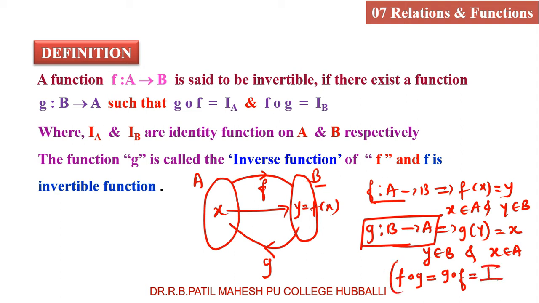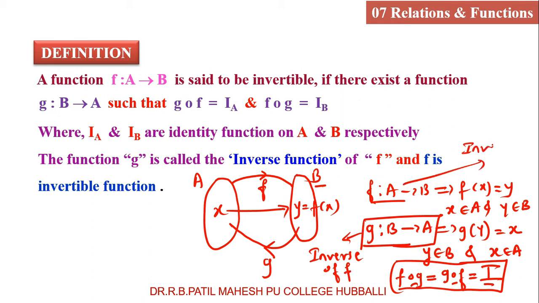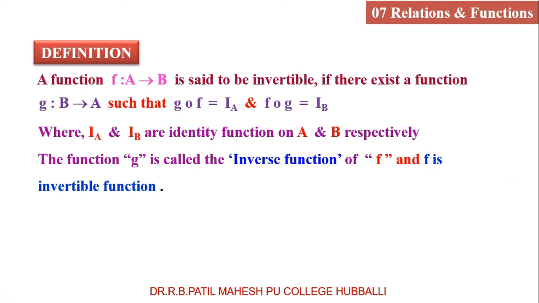If f composition g and g composition f are equal to the identity function, then g is called the inverse of the function f, and this f is an invertible function. If all this is satisfied, then f is called an invertible function. So this is the formal definition of invertible function, students.